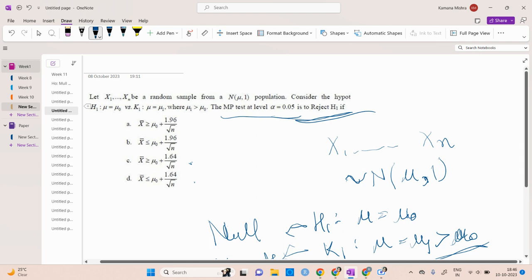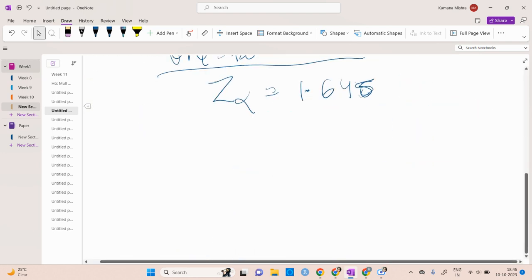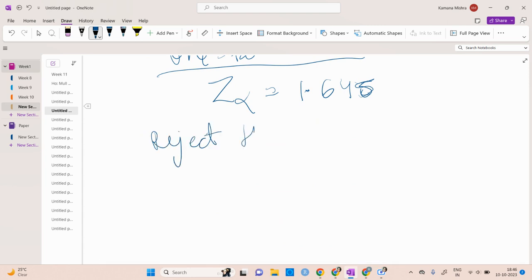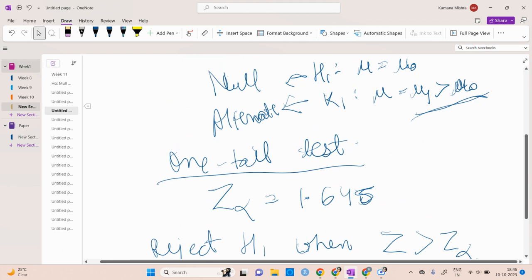Now, when do we reject it? We reject our null hypothesis when our Z is greater than Z alpha, right? So Z greater than Z alpha, then we reject the null hypothesis.